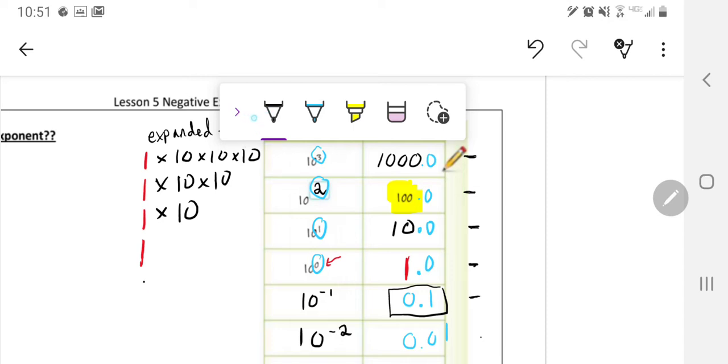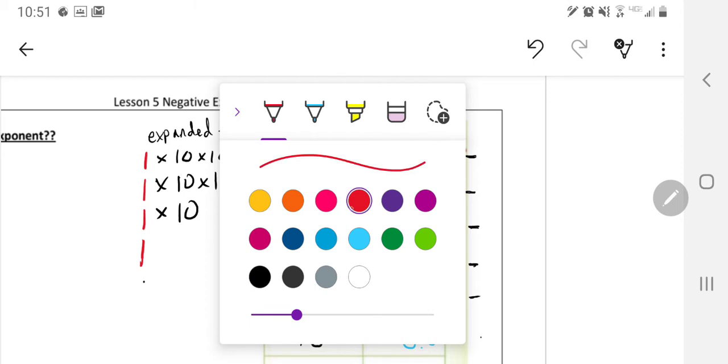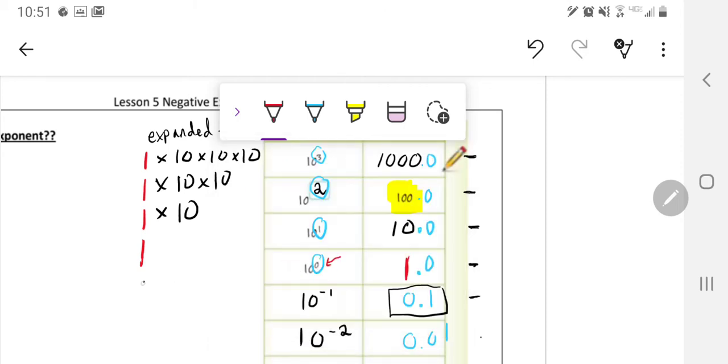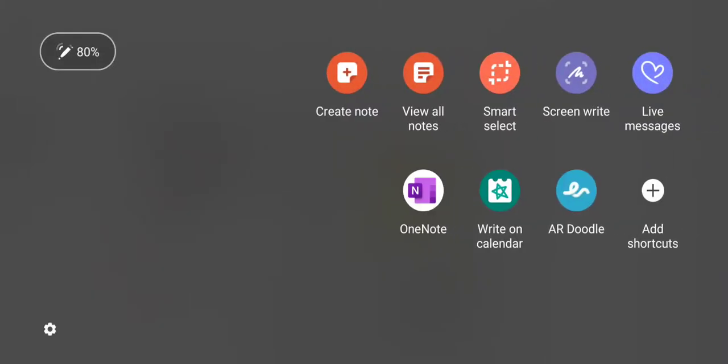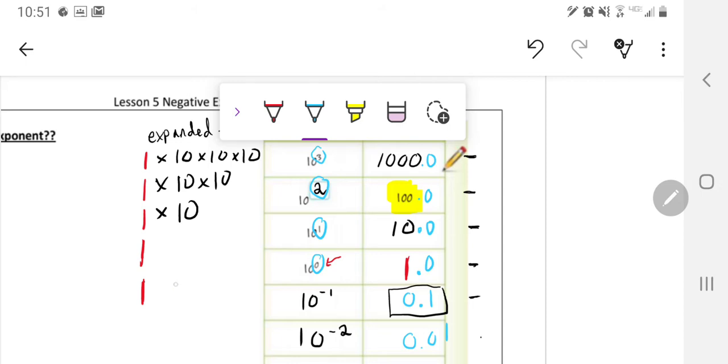Well, now that we're getting in between 0 and 1 here, a negative exponent is just dividing by 10. So 10 to the negative 1 is just dividing by a single 10.